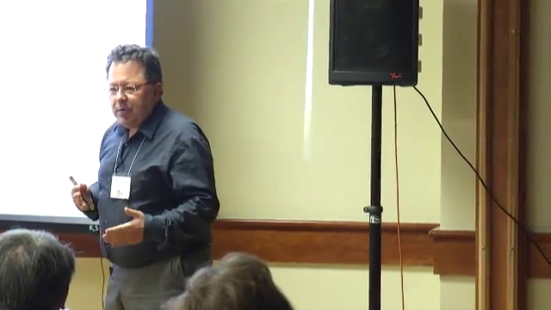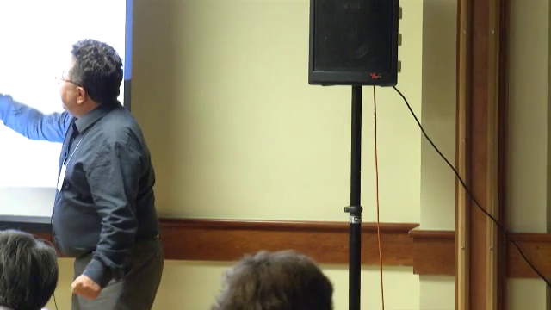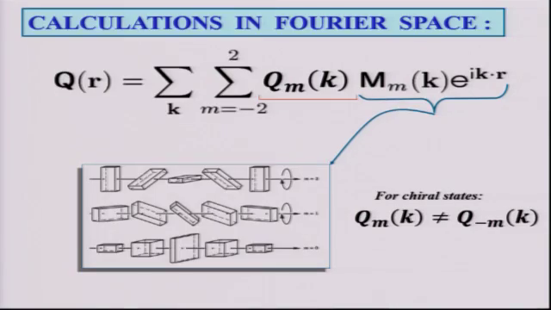These modes are chiral. So if you would like to describe chirality, it is sufficient that the expansion coefficients have different weights for m equal, say, plus 2 and m equal minus 2. And that would be a sign that our system breaks the chirality.